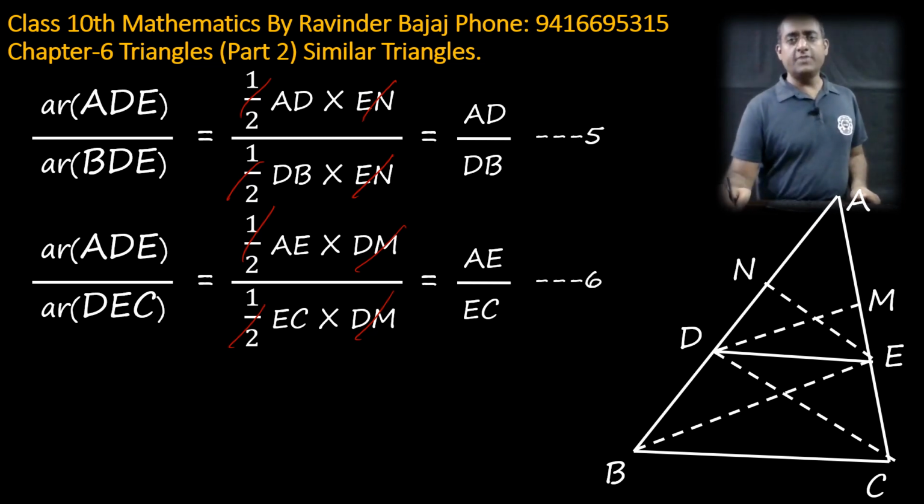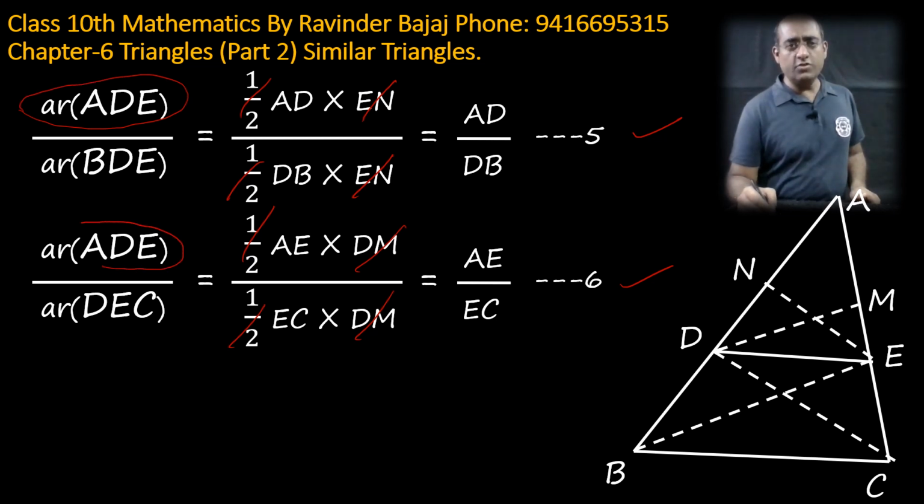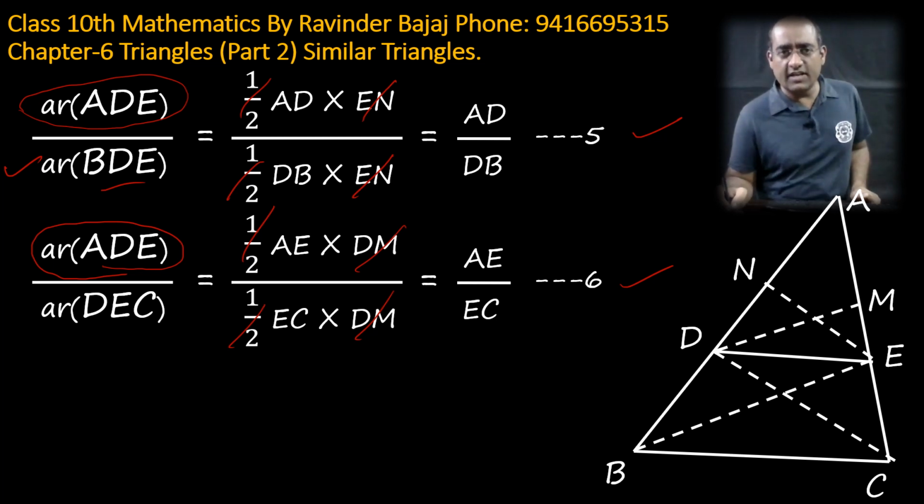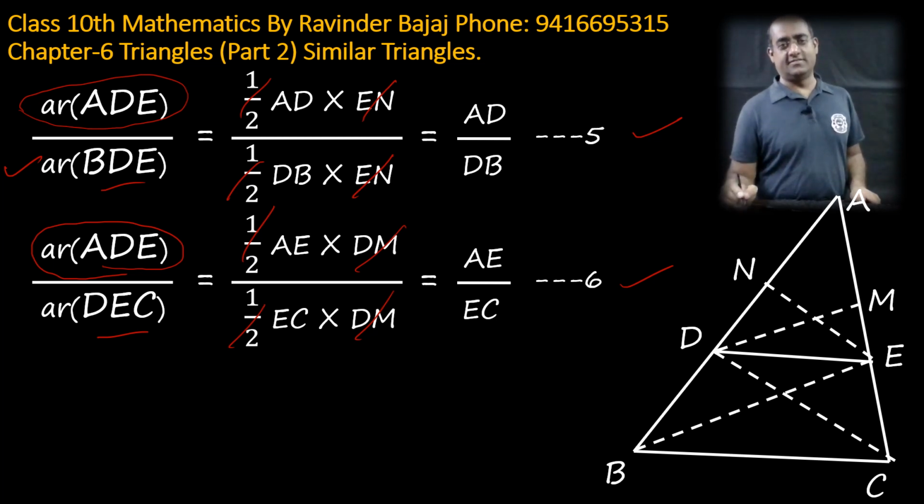Now see in the fifth equation and sixth equation, numerators are the same, ADE, and here also it is ADE. So numerators are the same, but take care of this denominator, triangle BDE. See in the figure, triangle BDE and triangle DEC are on the same base and between two parallel lines.